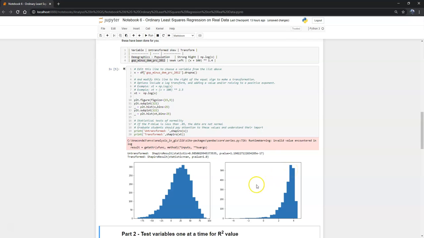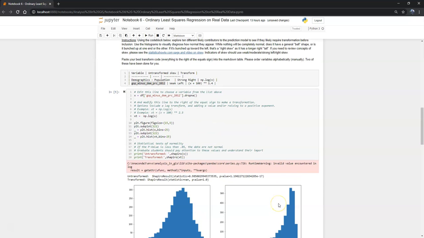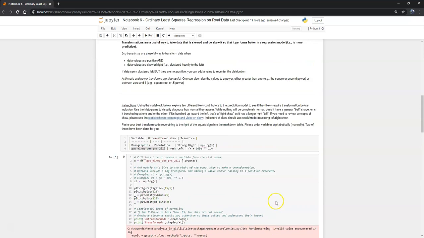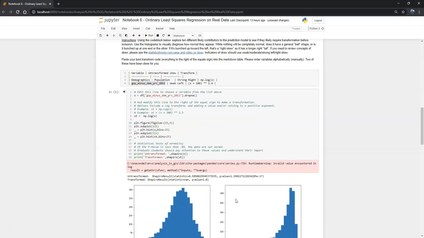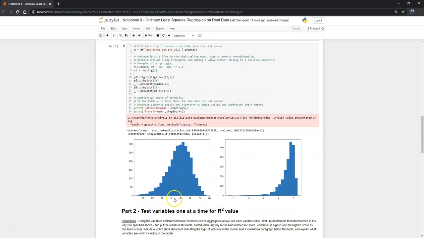Now, we've applied a log transform here, but we've actually made it worse, right? So now we have an even worse left skew than we had before. And we've also disobeyed this point here, which is that the data need to be positive, and they aren't, right? We have negative values in here.